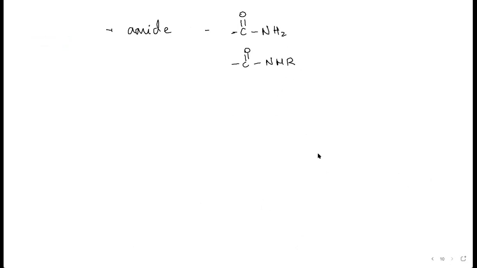But when you have this bridge, C double bond O, N, this particular group is called an amide group. And you can recognize it because the name has amide in it. These are basically derivatives of existing groups. They're not pure groups.